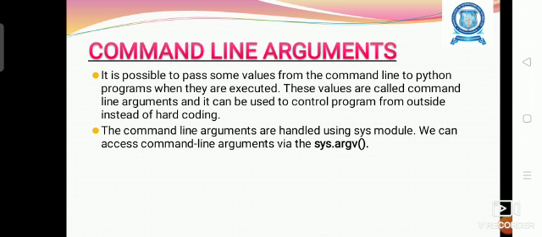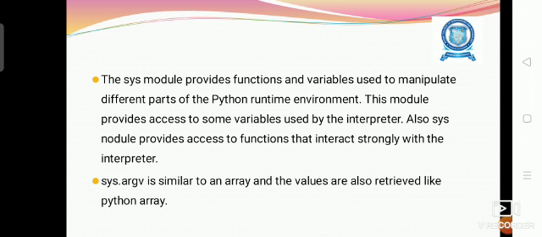That module is called the sys module and the method is called sys.argv. So sys.argv is used to access the command line arguments. The sys module provides the functions and variables used to manipulate the different parts of the Python runtime environment. Python runtime environment means the Python software tools on which we create the Python program, and the interpreter will be there.